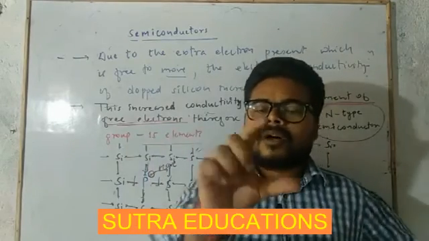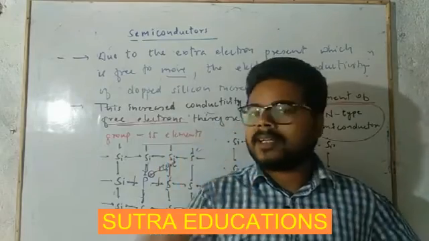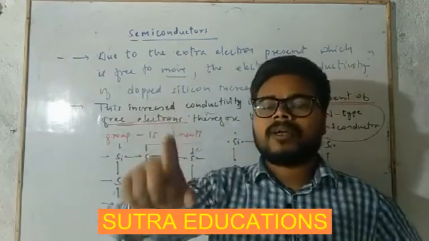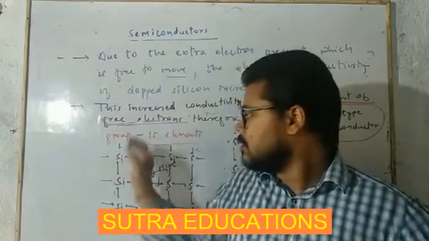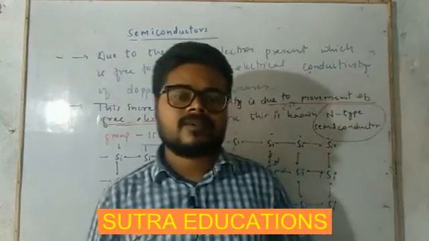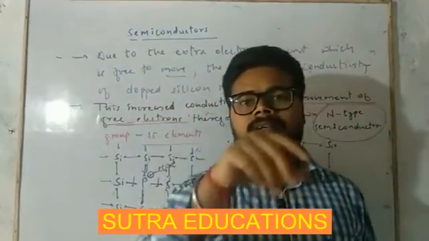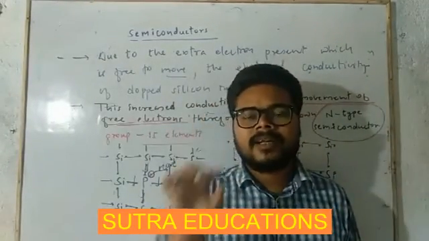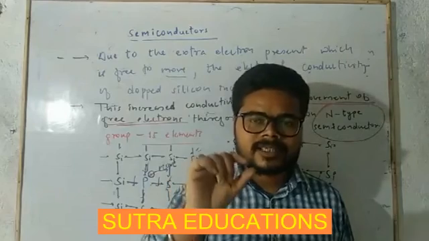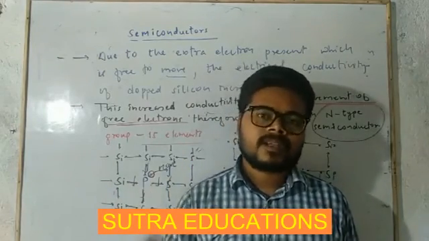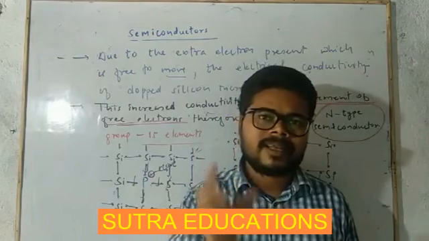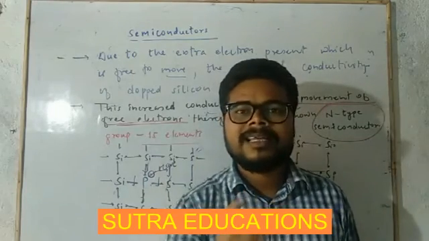So 4 of the electrons are satisfied, or make covalent bonds with 4 electrons of silicon, but 1 electron is present as an extra electron, and due to the presence of this extra electron which is free to move, the conductivity of a semiconductor doped with a group 15 element increases.